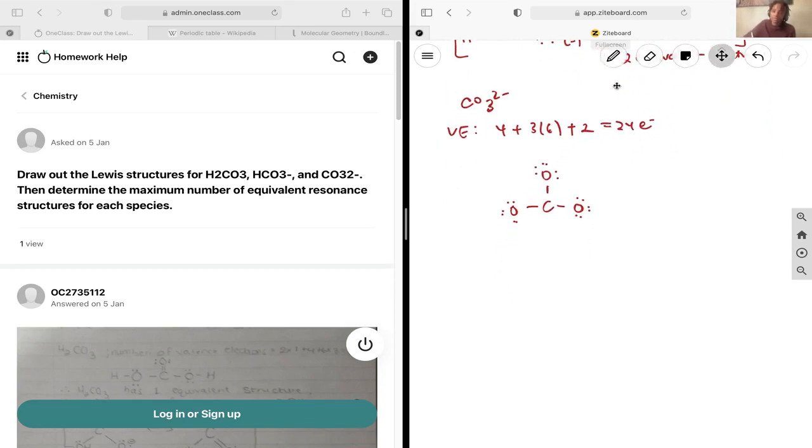Let's check if this is the version that would minimize our formal charges on each. And so on each of the oxygens, we're going to have 6 minus 2 over 2. And so that is going to give us a -1 charge on all of them. So we could all have minus charges. And then let's check on the carbon.